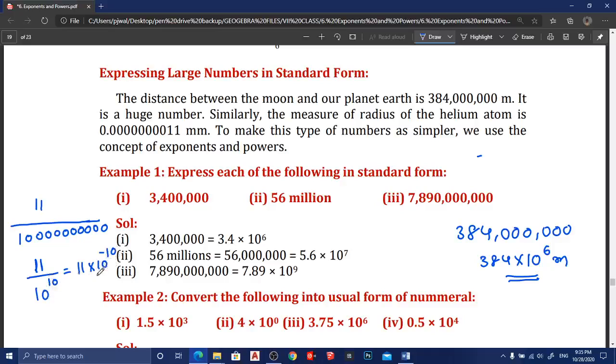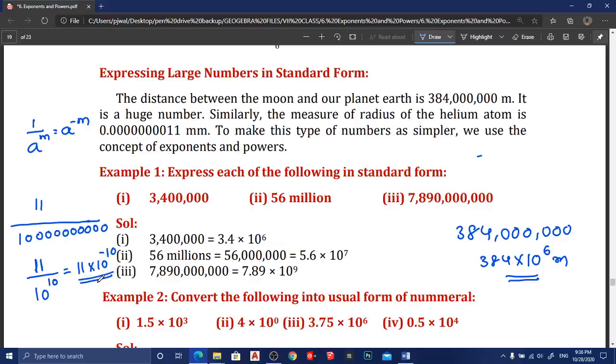I already explained this: 1 by 8 to the power of m, how can you write this? 8 to the power of minus m. That's why 10 to the power of 10 in the denominator became 10 to the power of minus 10. Now both numbers are in the numerator only.